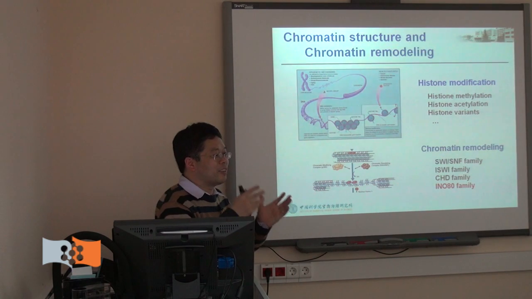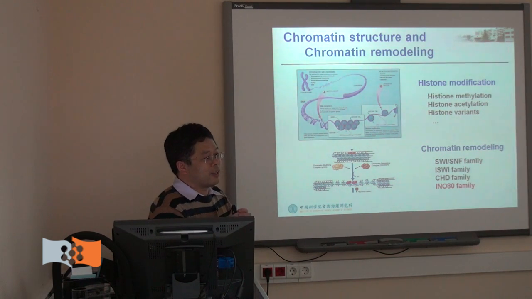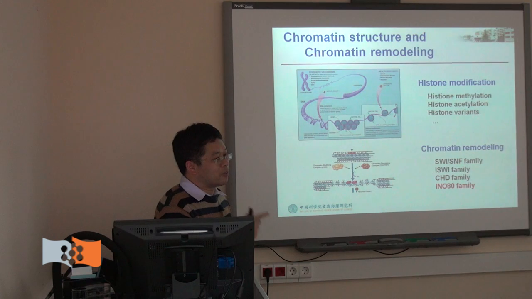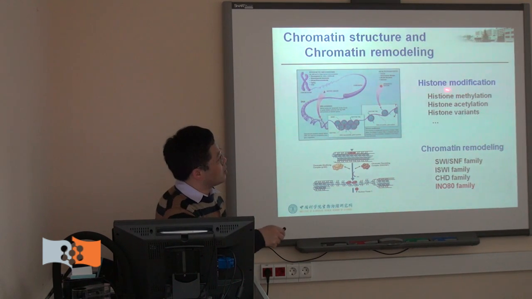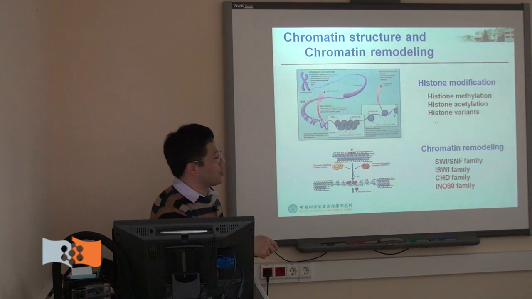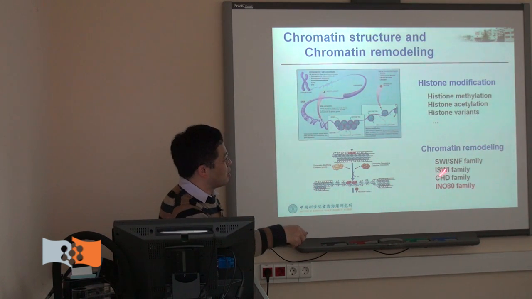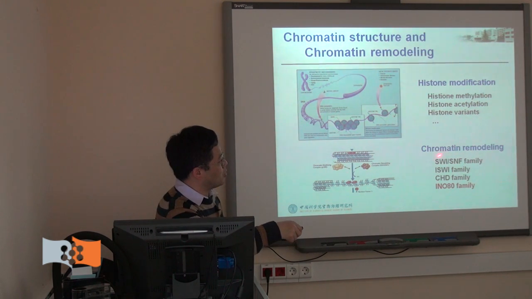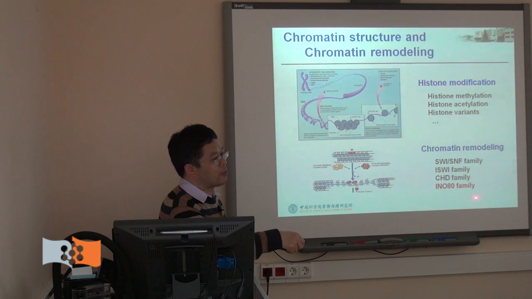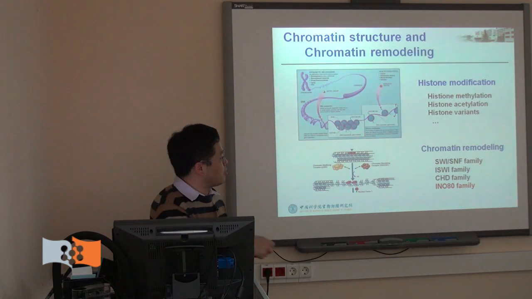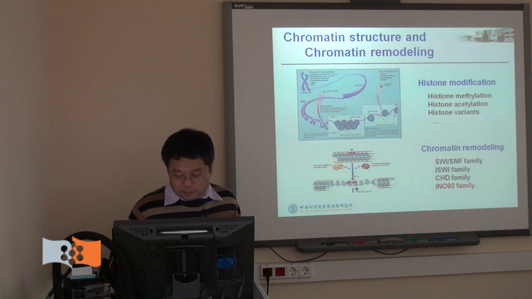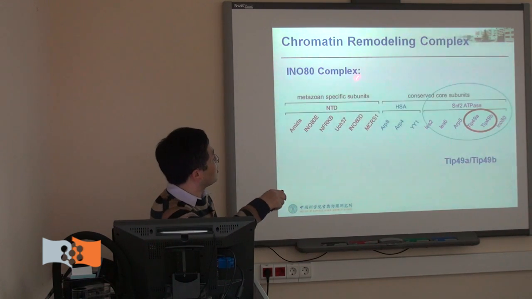To make it open, the transcription becomes active. There are a lot of mechanisms to make this happen, for example histone modification and chromatin remodeling complexes. The cells will recruit some members to make it open. This is what we call a chromatin remodeling complex. There are 4 classes of chromatin remodeling, and we are working on this family. They are big complexes, for example this INO80.